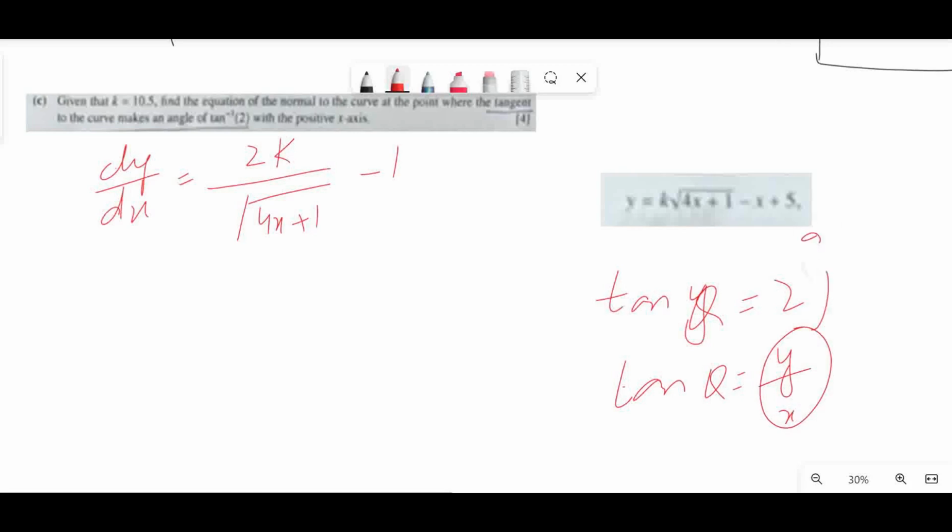So dy by dx is also the gradient, which means we can equate it with dy by dx.